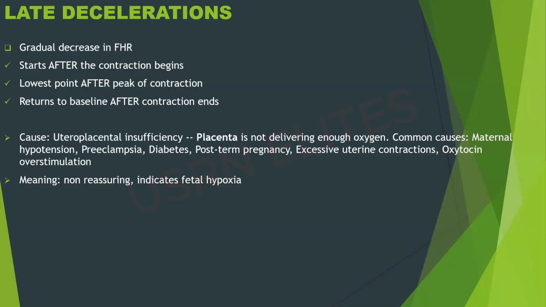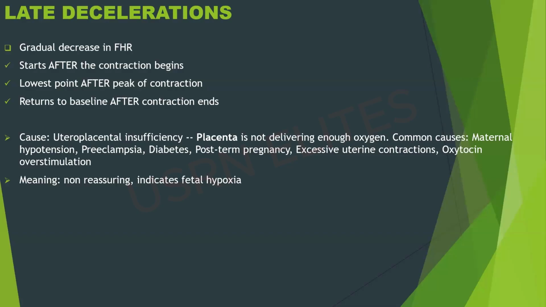It means that contraction came first, heart rate decrease second or later. That's why we call it late decel. Contraction always comes first, and once contraction stops, then you see the heart rate going down. Because once there's contraction, it causes blood vessel constriction.